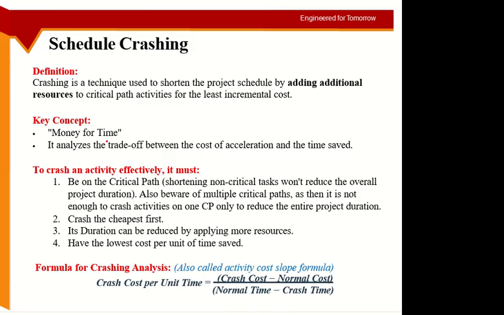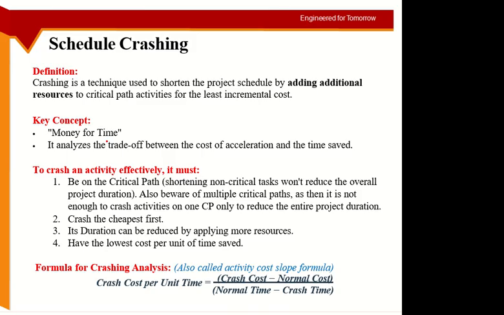So if you want to find out the cost per unit time, the extra cost the crashing of this activity will have for you, this can be calculated using this equation: crash cost minus normal cost divided by normal time minus crash time. So normal cost is what you were asking for with the normal number of resources and so on.